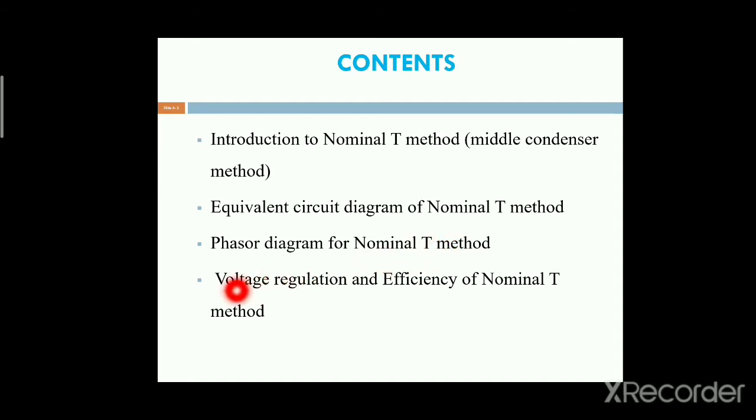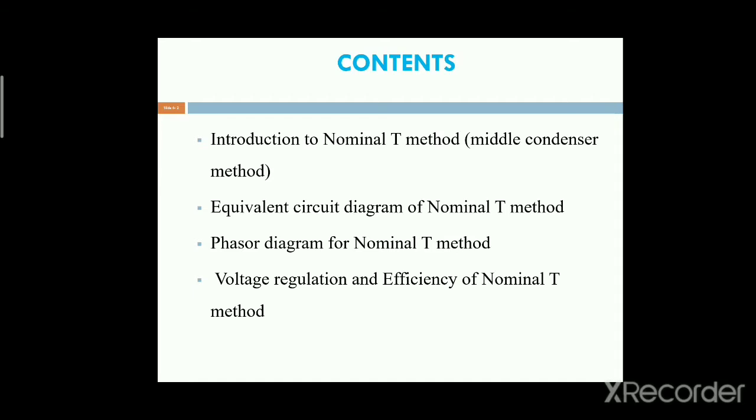Next, voltage regulation and efficiency of a nominal T method: by using the equivalent circuit diagram and phasor diagrams, we derive the relations for the voltage regulation and efficiency of a transmission line.